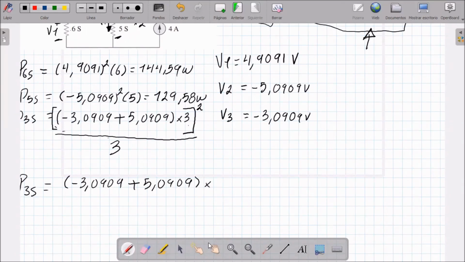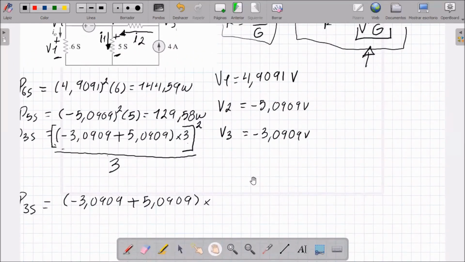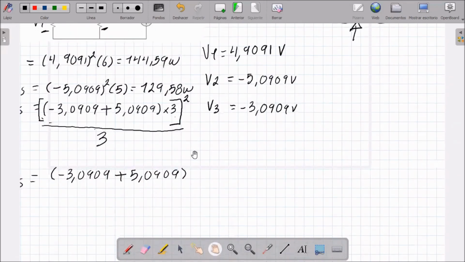If I multiply it by the conductance 3, it gives me the current. And if I divide it by the same conductance, it gives me the voltage. Then the voltage would simply be V3 minus V2, which gives me the voltage on that resistor.